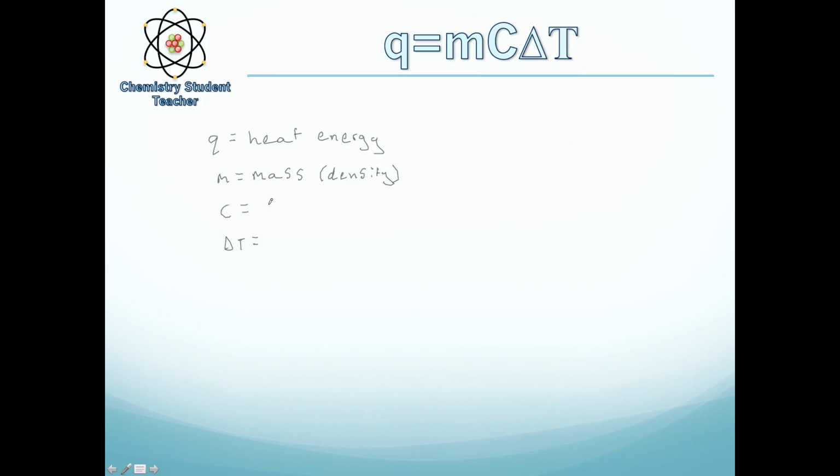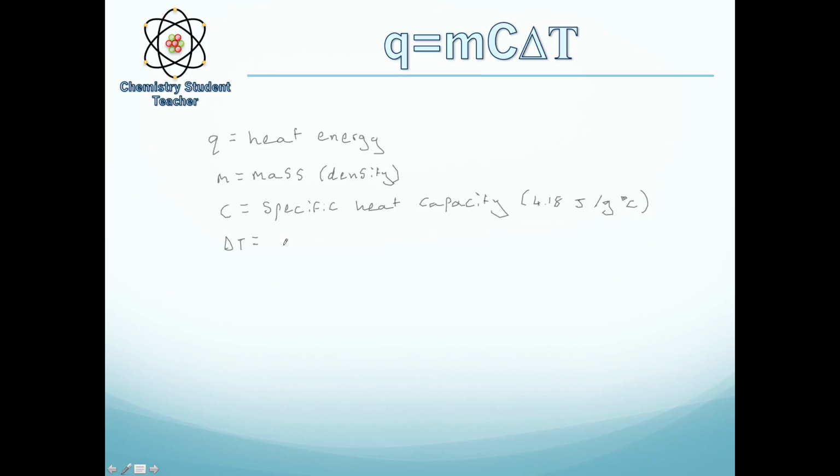So C is the specific heat capacity, which in this case is 4.18 joules per gram degrees C, and that's usually for water, and again that will be given to you.